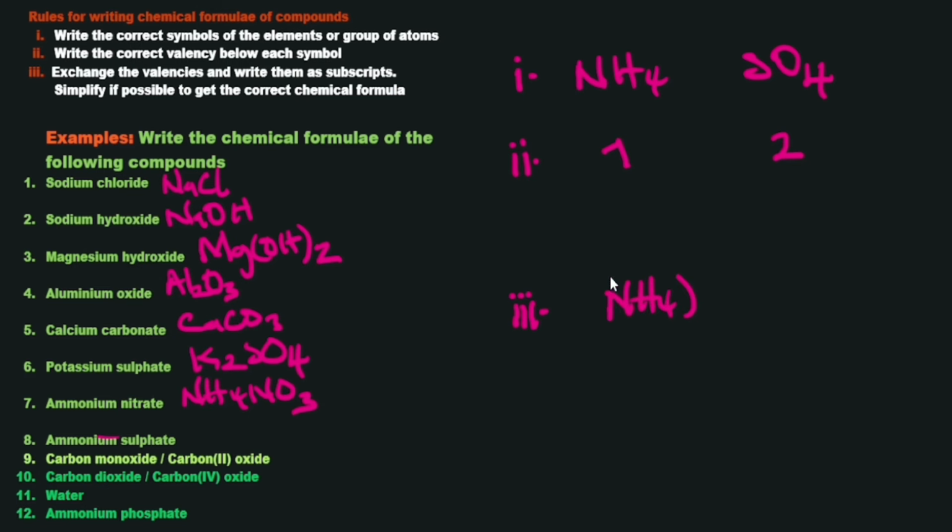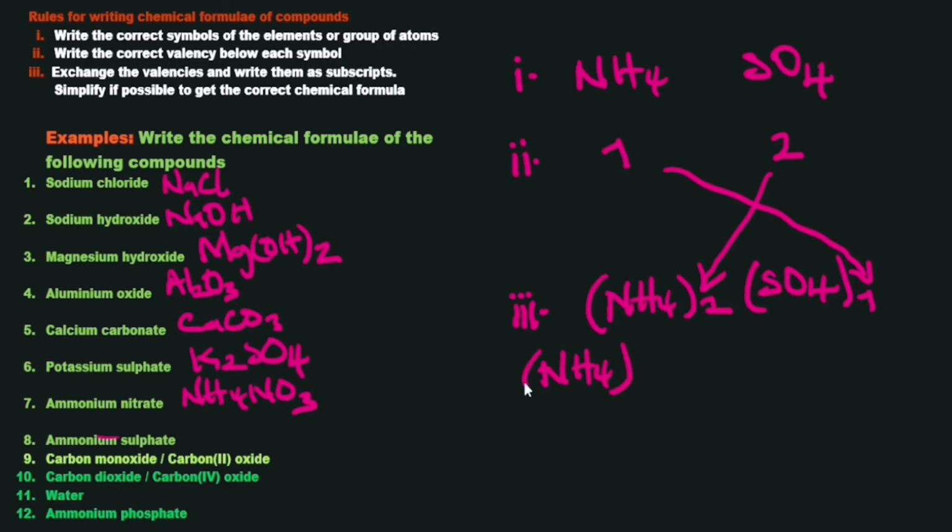And since it is a group of atoms, we put them in brackets. Here we have 1, here we have 2. We expect that the chemical formula should be NH4 bracket 2, bracket SO4 bracket 1.